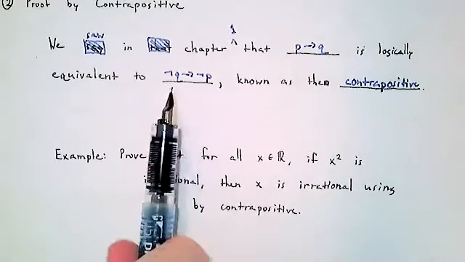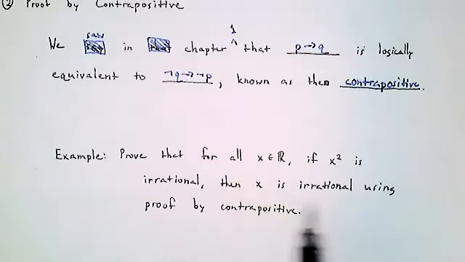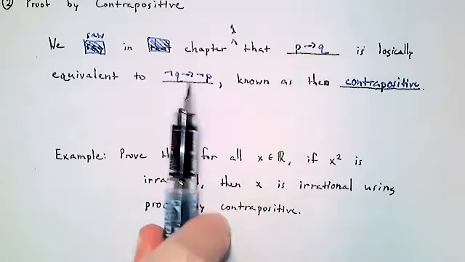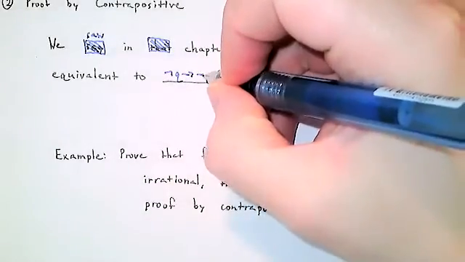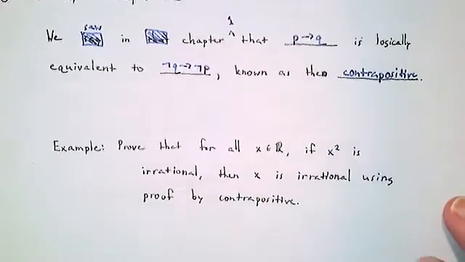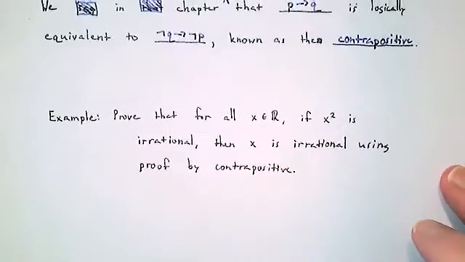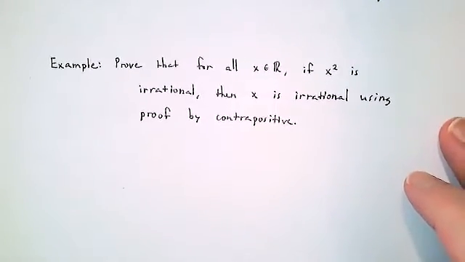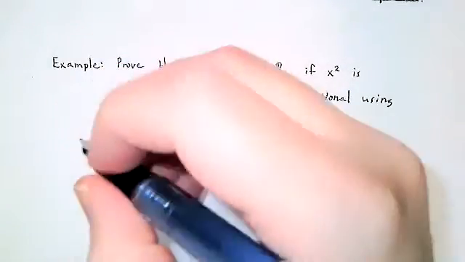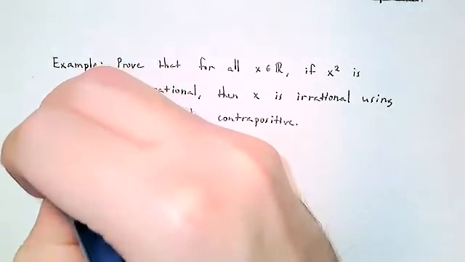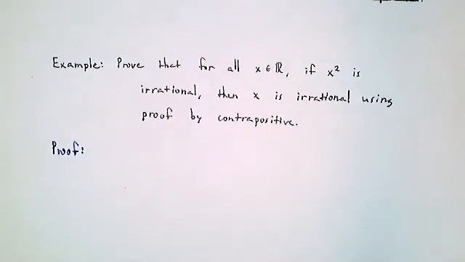So we're going to turn things around. We're going to start with the negation of the conclusion, not Q, and then try to show not P, the negation of the hypothesis. Okay. So for this proof, we want to be really clear, again, what we're doing.